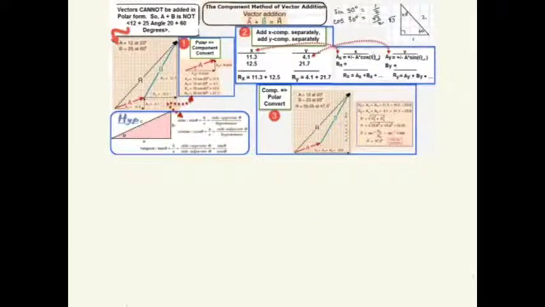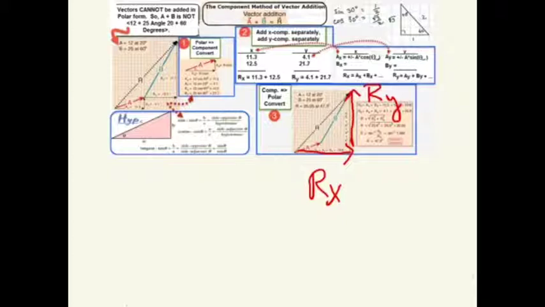Recalling the fundamental property that when we put vectors tail to tip, we draw the resultant x component from the origin to its end, and then from there we place the tail of R sub y to the tip of R sub x.